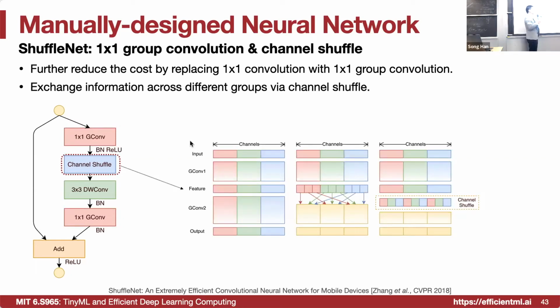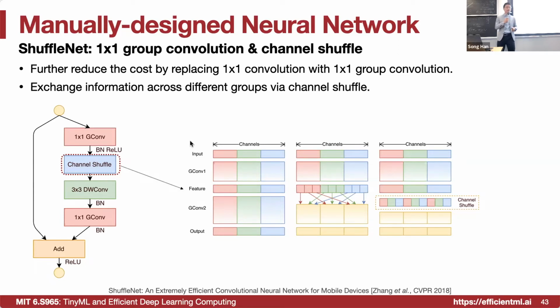So this is the channel dimension. In this case, we have 3 groups. Each group just runs this 1x1 convolution with itself. So there is no information flow across different groups. So the feature learned from this output purely comes from this 1/3 of the input.